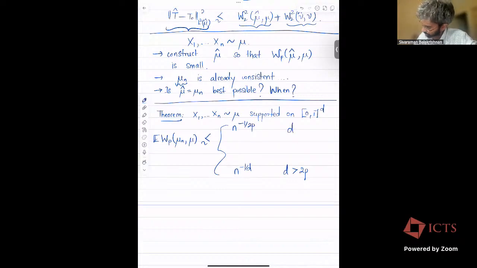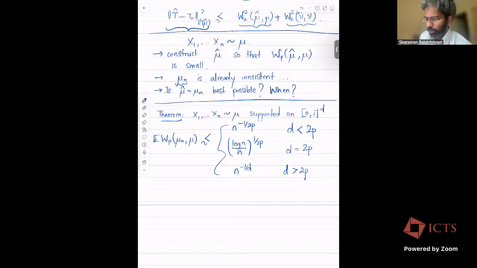And then there's some critical regime where d is exactly equal to 2p, and there's some interesting log factor here that people have wondered about for a while, but maybe the rate that one should get looks like this. So it looks like n to the minus 1 over d or n to the minus 1 over 2p, but there's some extra log factor.